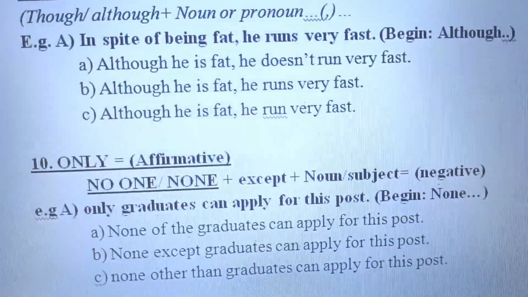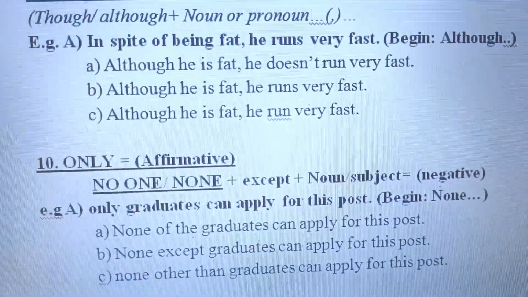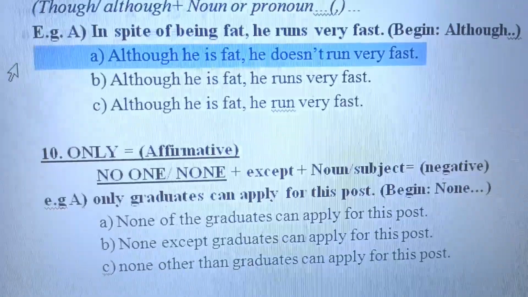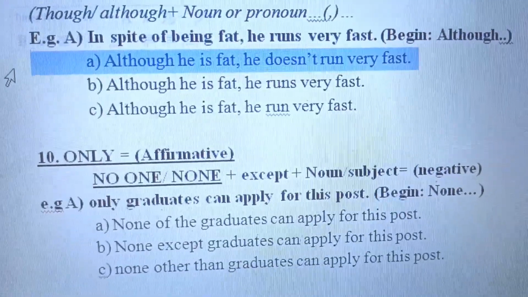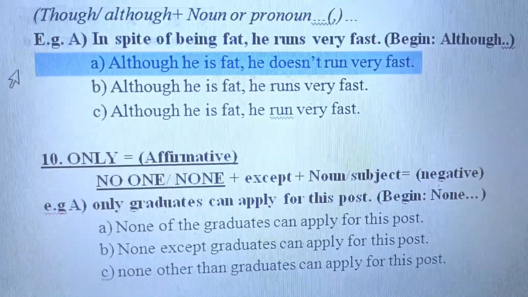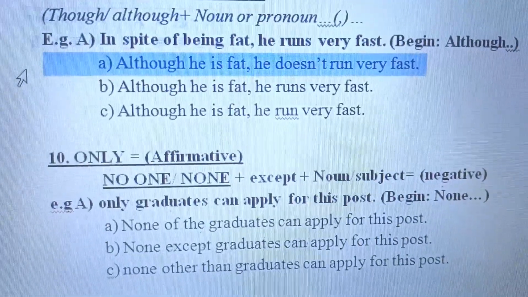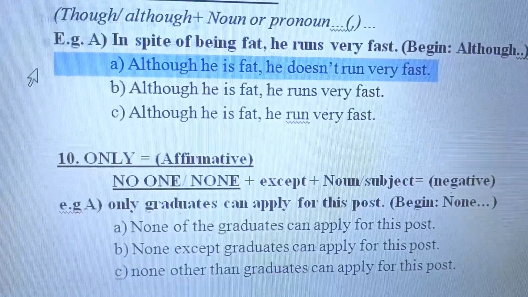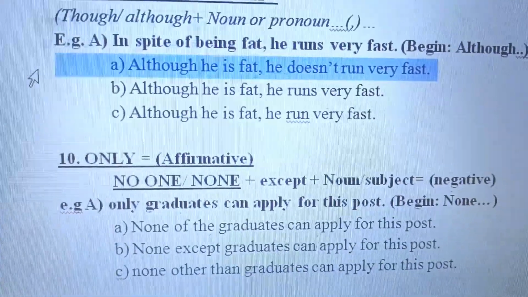Now let's try to analyze these sentences. First option, although he is fat, he does not run fast. The question sentence is positive, so option A is used as negative. So this sentence is wrong.